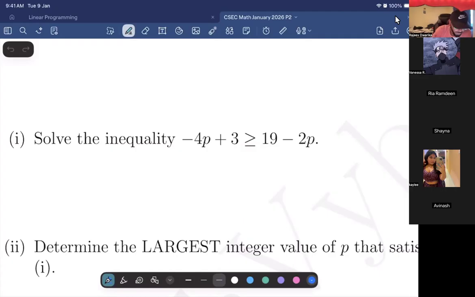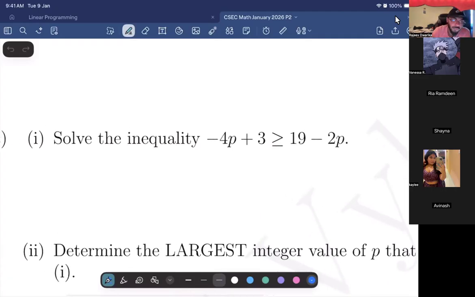So what is the unknown in this question? P. Where are you seeing P? What are the P terms? Negative 4p and negative 2p. So all of them should be on the left-hand side. What shouldn't be on this side? The 3. Move that across.